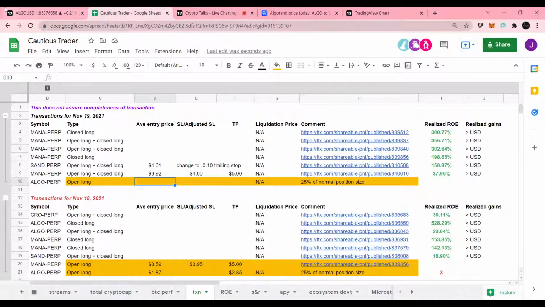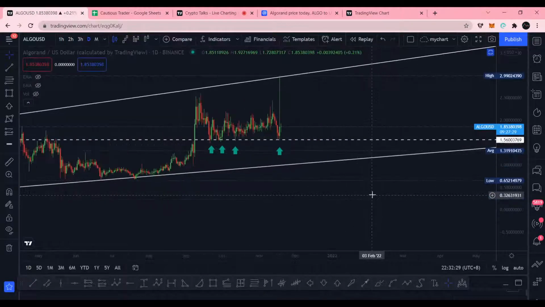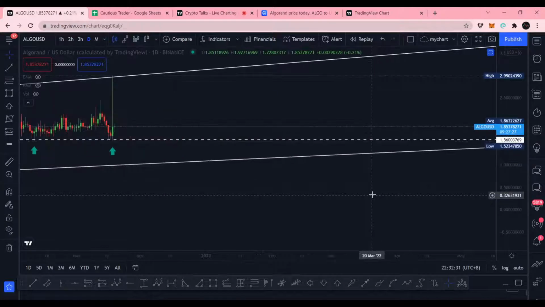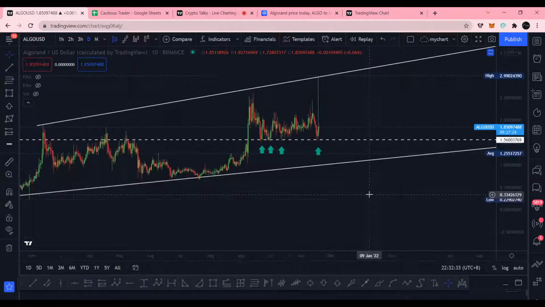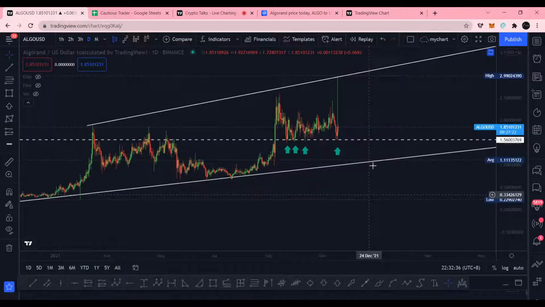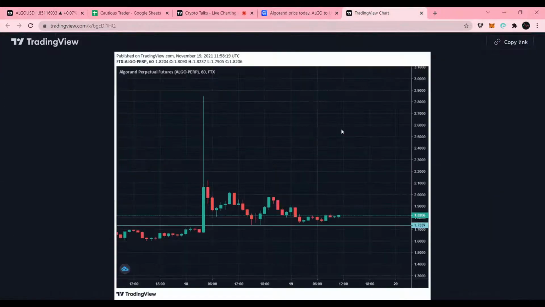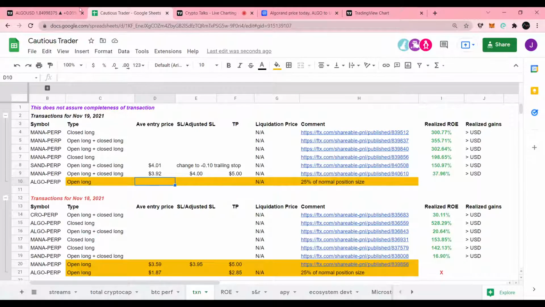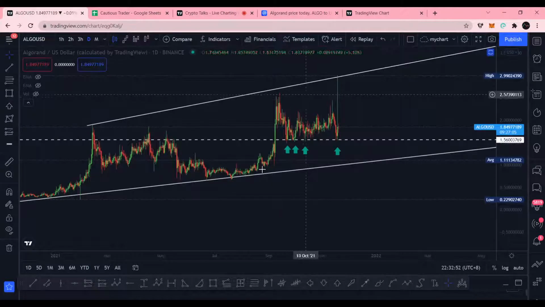And so I entered a long position. My possible TP here is actually the 2.85, this Algo perpetual here. Because it depends on the exchange. Normally I'm using whatever exchange that I'm using as my possible TP.